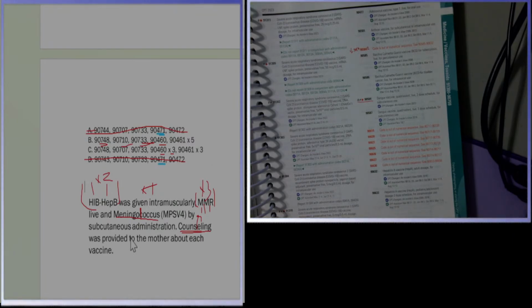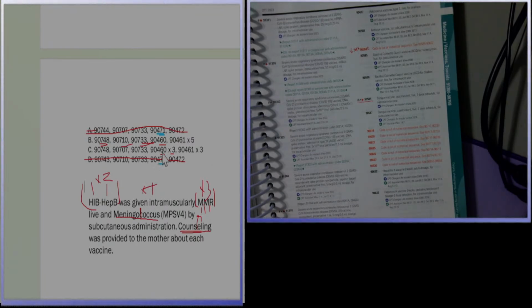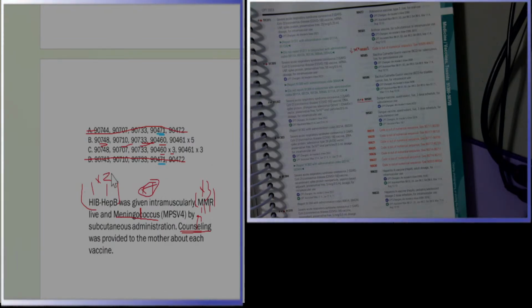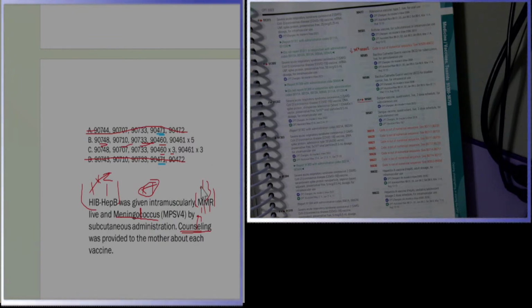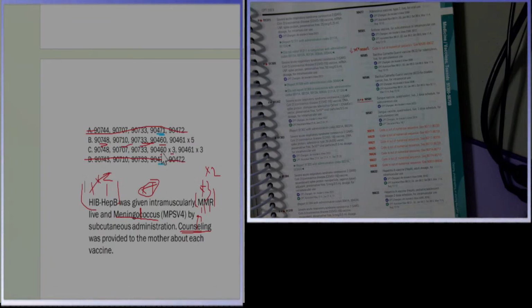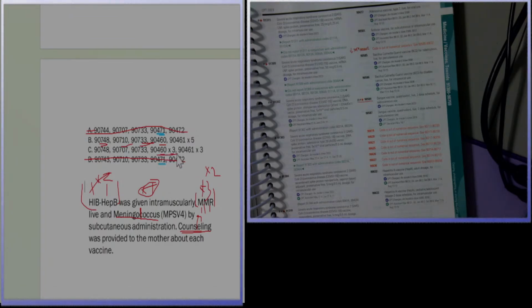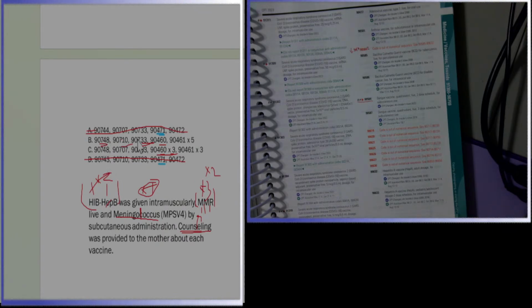So it's just ×1 by itself. But what you do is your 60, you take 1 from each one of these, only 1, leave that as a ×2 now, and you do your 60 ×3 because I took 1 component from each vaccine, or 1 from each one of those CPT code numbers, and you times it by 3.